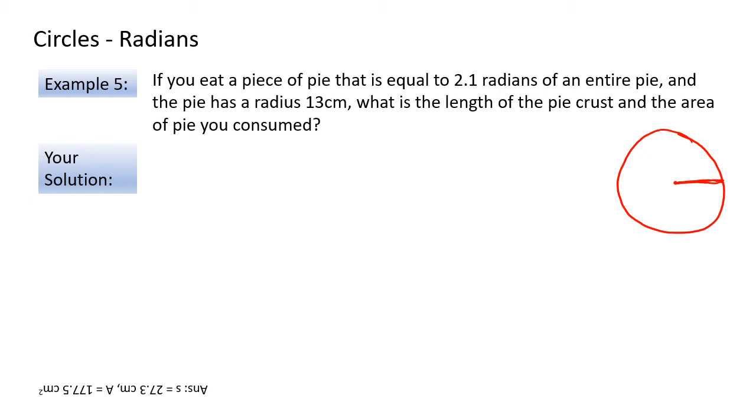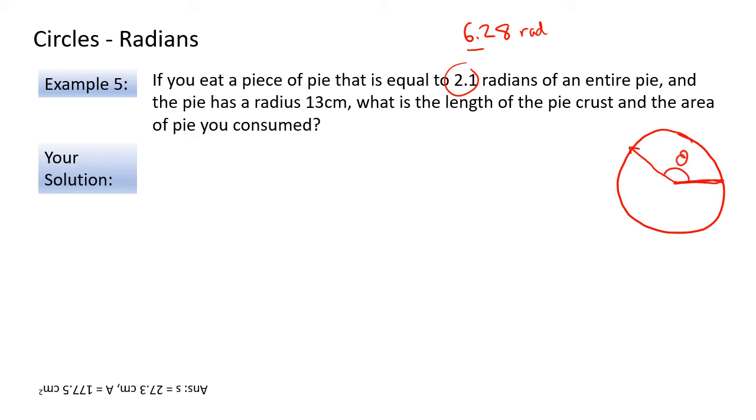It's 2.1 radians, and remember, there's a total of about 6.28 radians in the whole circle. If you look at 2.1 to 6.28, it's about 1/3. So I'm going to draw it to about 1/3, and this is just for visual.